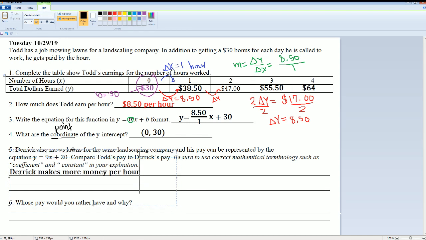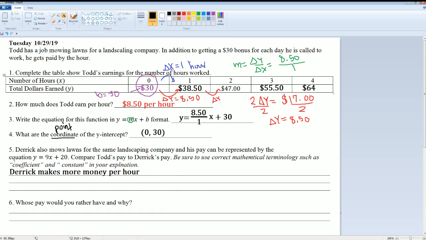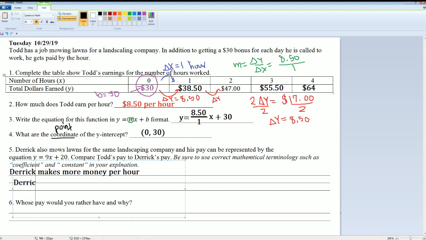We know that Derek makes $9 per hour while Todd makes $8.50 per hour.